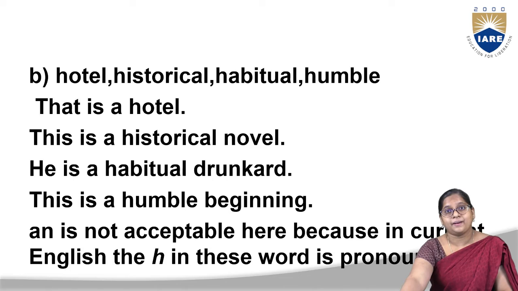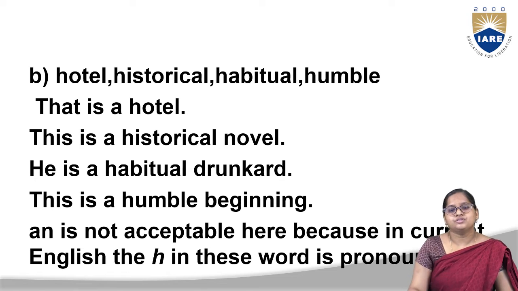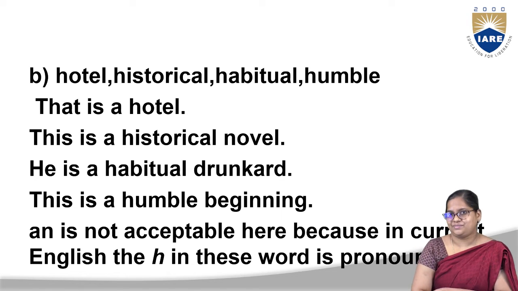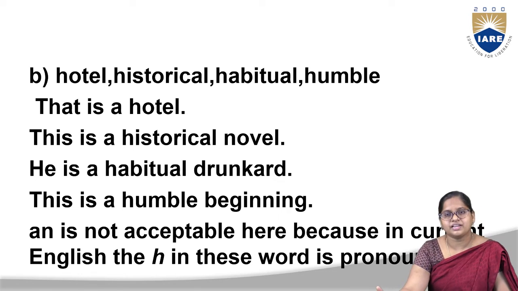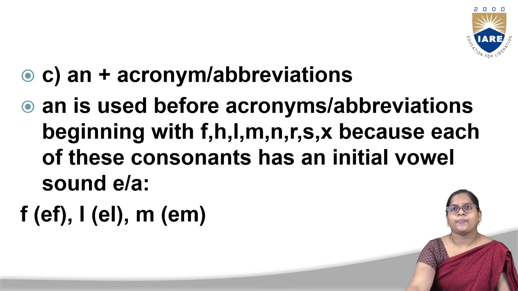So this is a hotel, a historical, a habitual action, a humble person. This is a historical novel. He's a habitual drunkard. This is a humble beginning. An is not accepted here because H is not silent, and H is pronounced in these words.